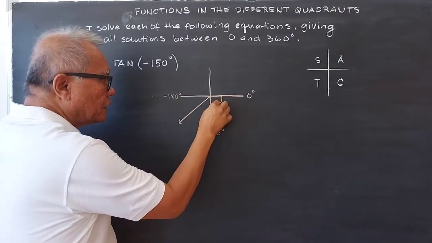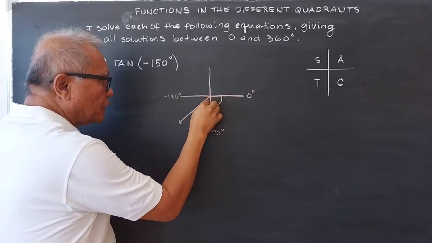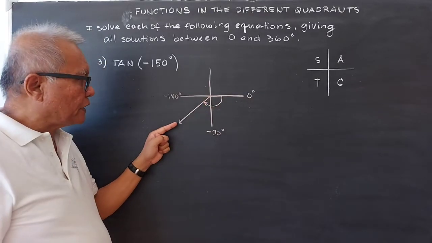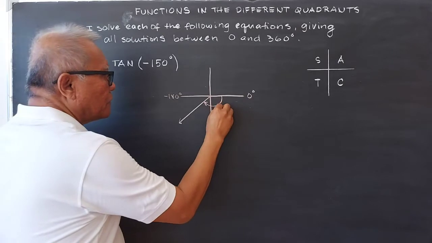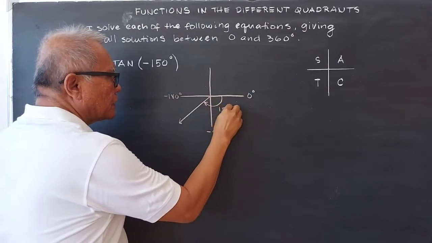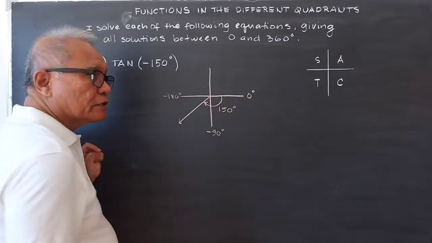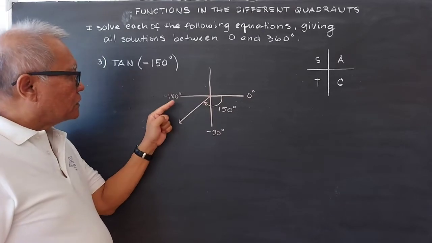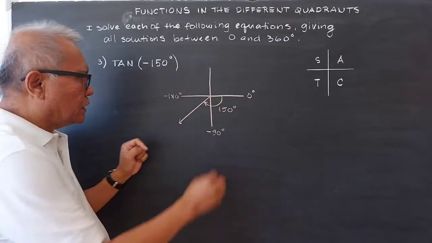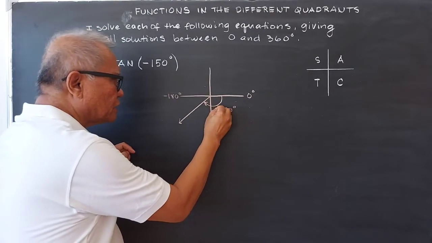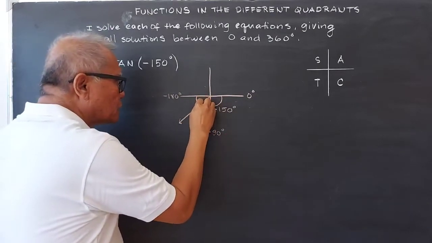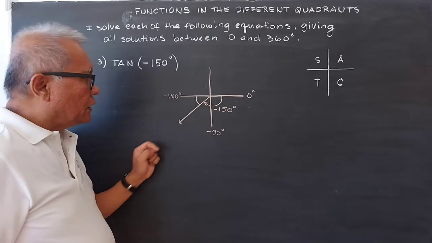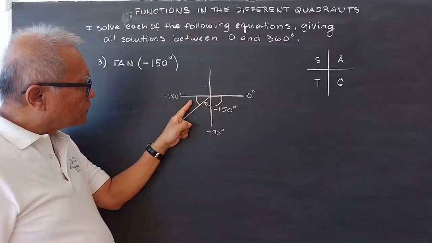From here, we have an arrow, meaning that our terminal arm is moving in a clockwise direction, and we have this as 150 degrees. Now that angle is in the third quadrant. We must find this acute related angle. And how do we solve for this?